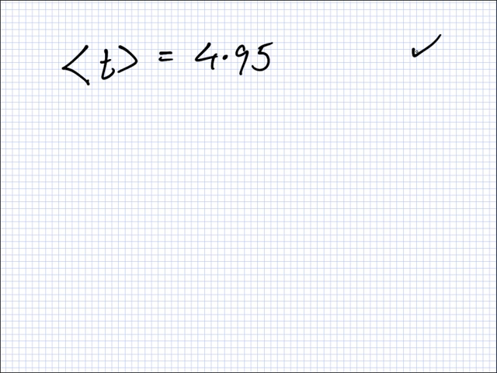Now we need the standard deviation. To calculate the standard deviation, you need to get the mean of the times squared. The only difference is you go back on your calculator and replace all the times with squares.